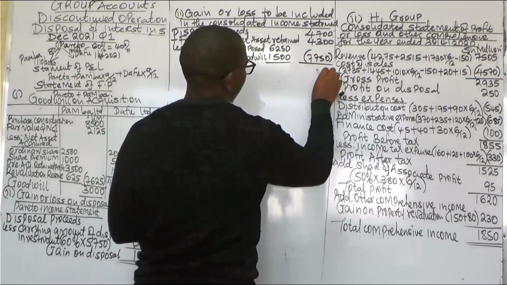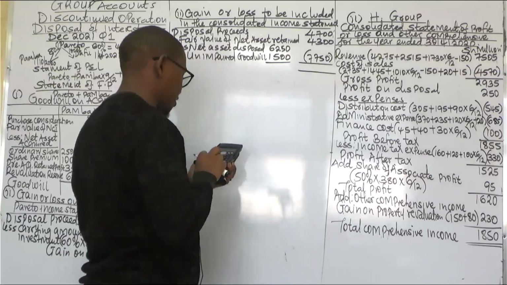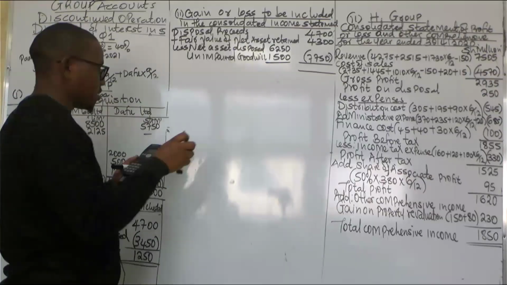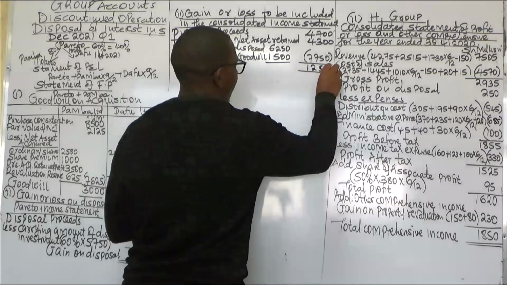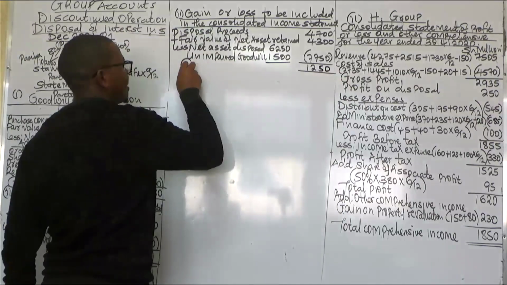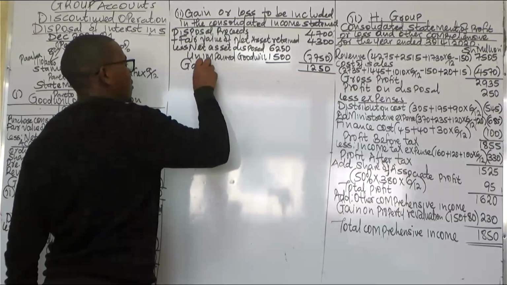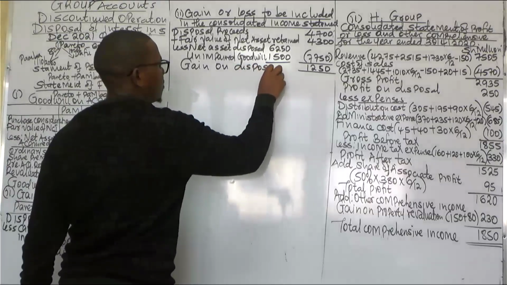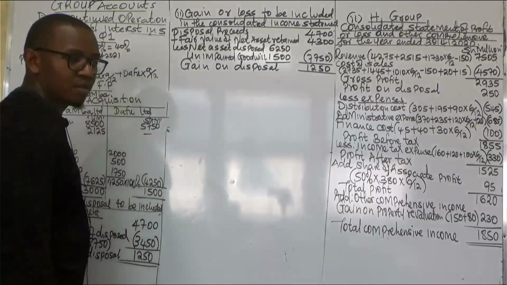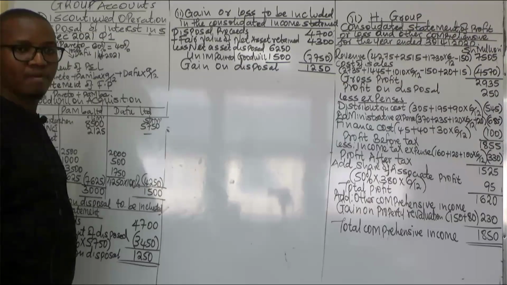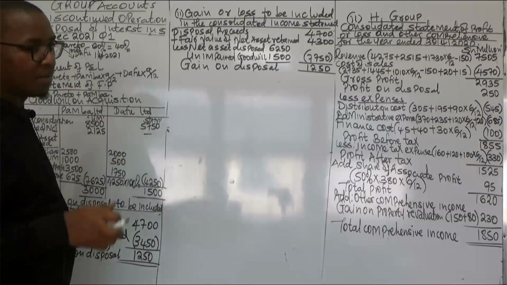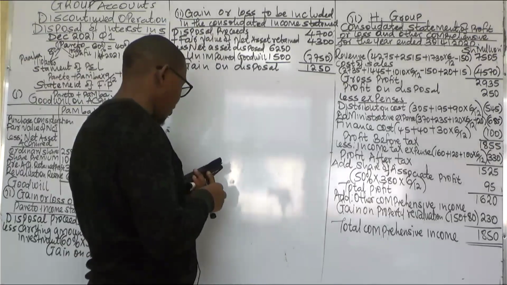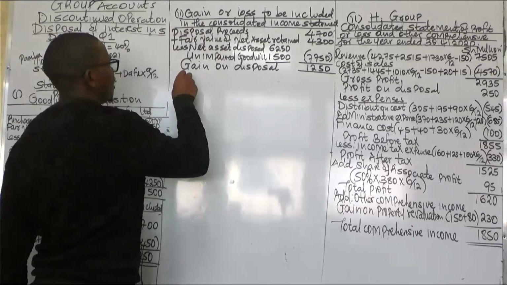If you less that from 4,700 plus 4,300, the answer is 1,250. So that is the gain on disposal. Is that okay? From there we can now get the other values.